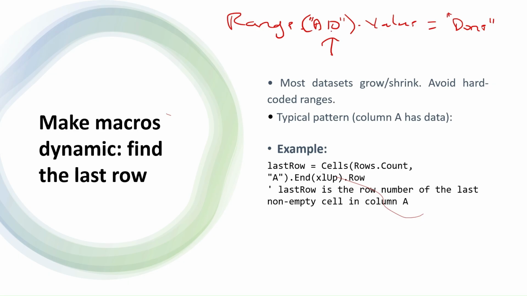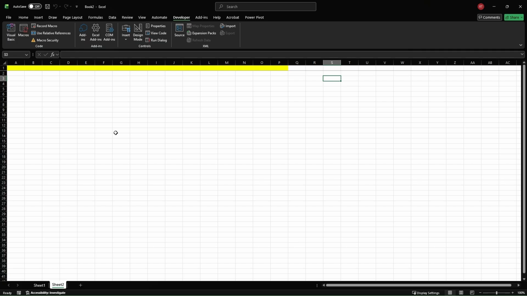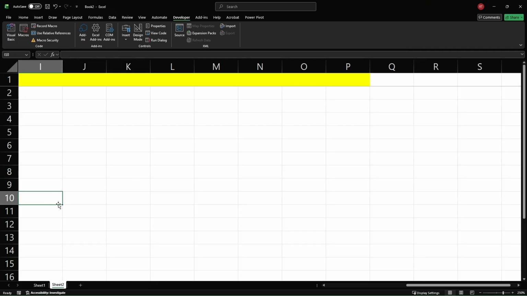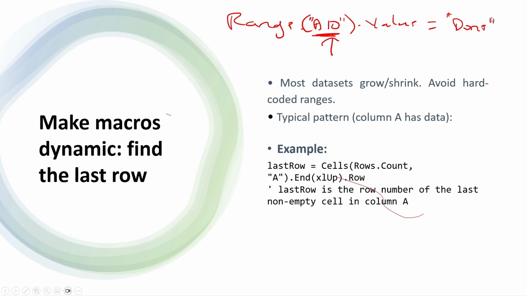Then you have a problem. The problem is that this A10 is already fixed. In that cell, we are referring to cell A10 here. But what about if data continues to A15? If you have data up to A15 and want to replace that by done or something like that, what would you do? You have to be careful. You can't each time do hard coding to change this whenever you have to change the number of rows.